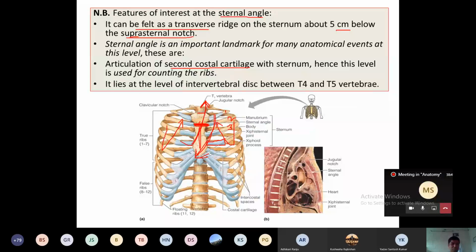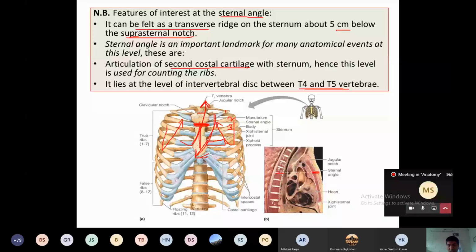It lies at the level of the intervertebral disc between the T4 and T5 vertebrae. You can see this here. In this cadaveric diagram, this is the sternal angle, and this white part is the intervertebral disc between T4 and T5.